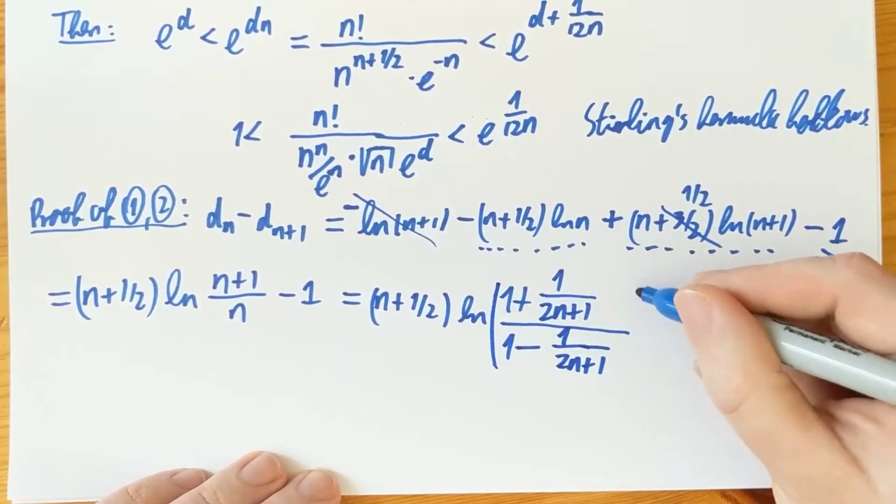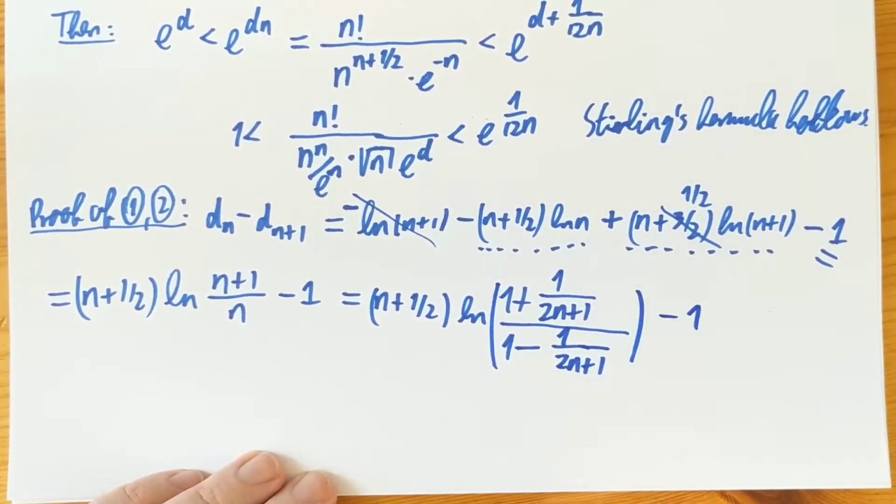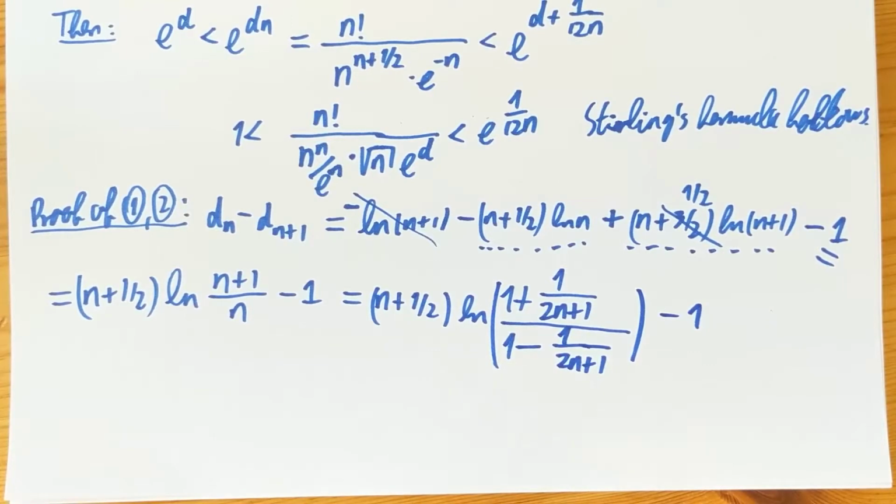That's inside my log. So if you want to check that this is true, you just multiply top and bottom with 2n plus 1. That gives 2n plus 2 on top, and it gives 2n on the bottom. Cancelling with the 2, you get back exactly n plus 1 over n.